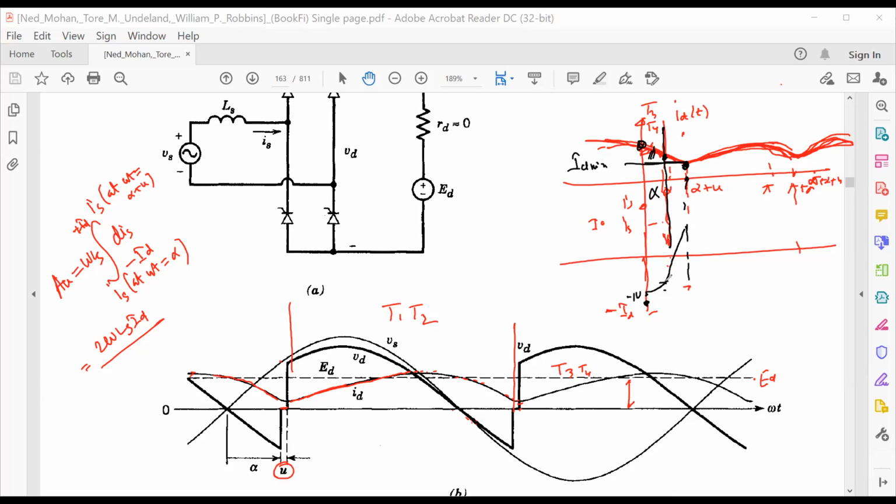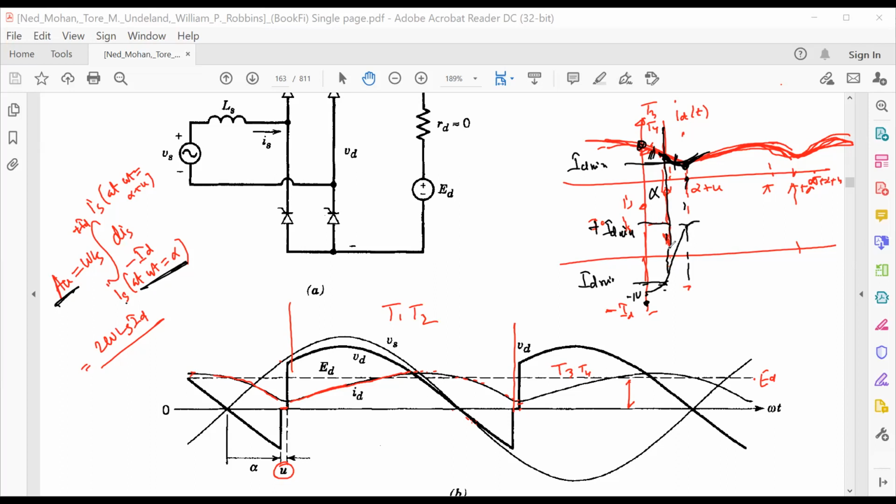So at alpha, we may take in the middle. Minimum is in the middle. So we may take this as your minus ID minimum, and this is your plus ID minimum. Then when you want to find your area, what will be your IS at omega t equal to alpha?